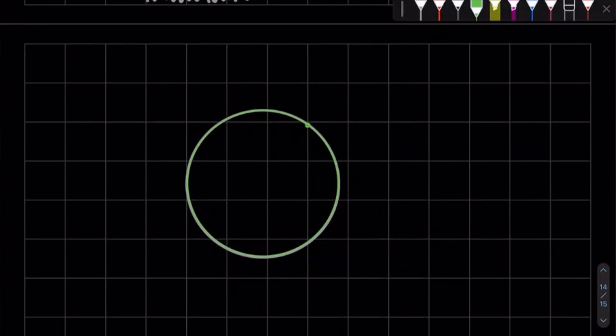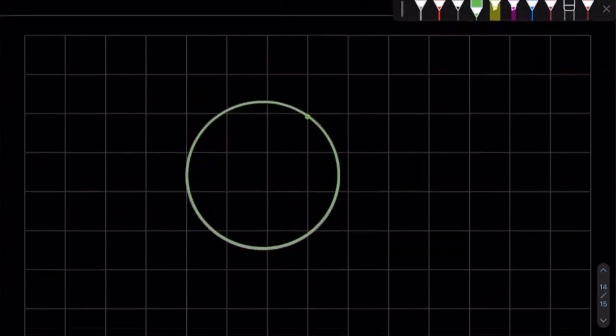No, right? But if you go in this direction and then come back over here, then that can be shrunk to a point, right?